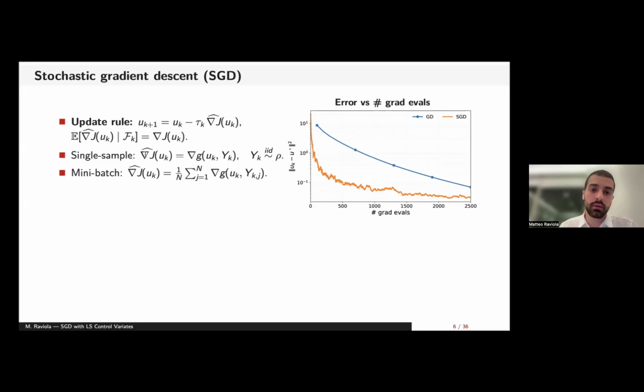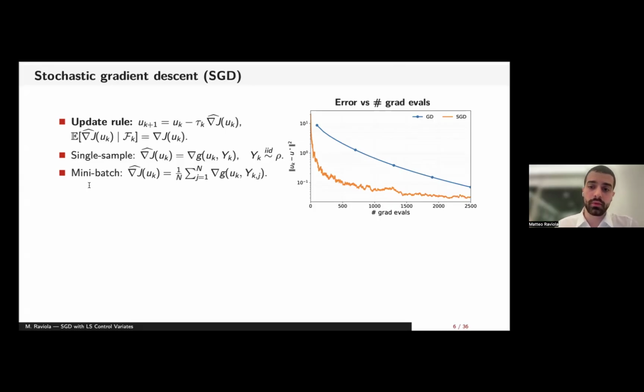The standard Robbins-Monro version is that at each iteration we sample one random parameter and evaluate the gradient of g at that random parameter, and use that as an estimator, or we can evaluate the gradient of g at multiple random parameters, right?